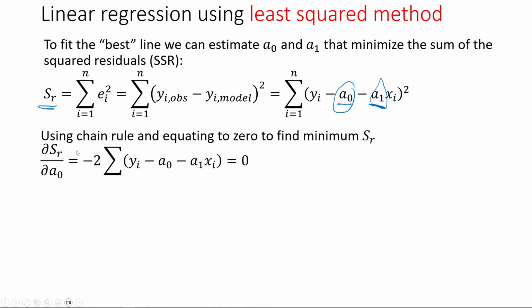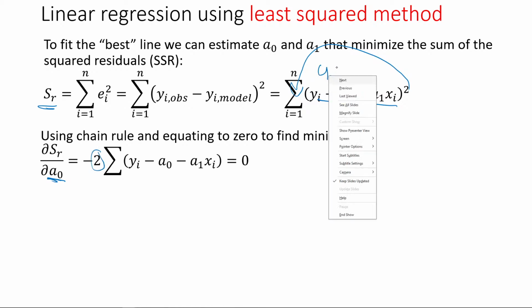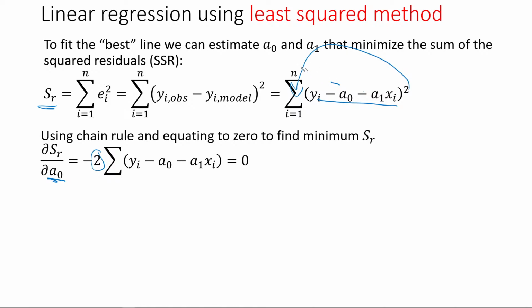If you take the derivative of this equation with respect to A0, you make u equal to this term, and you bring the 2 down. Then you take the derivative of the inside with respect to A0.